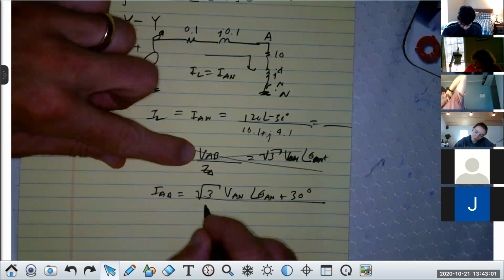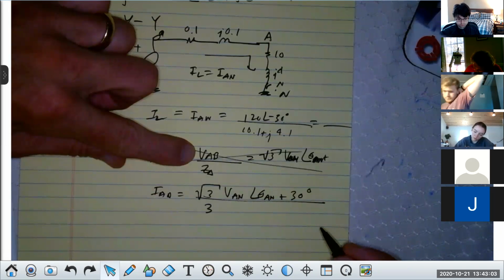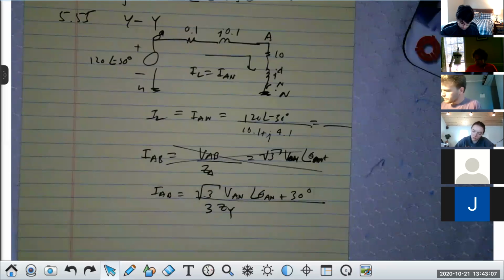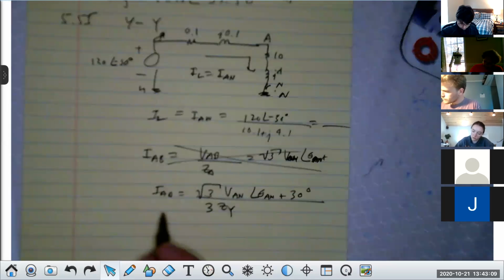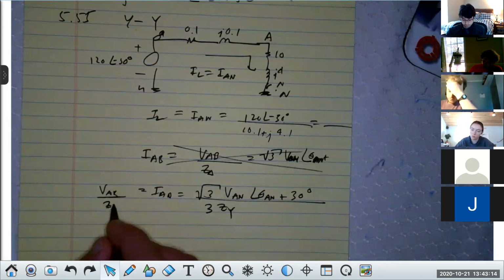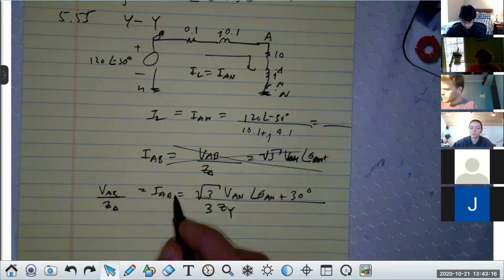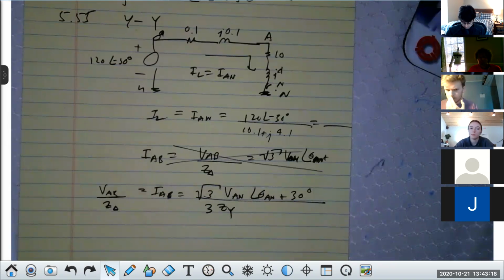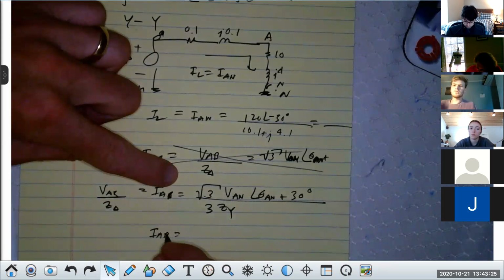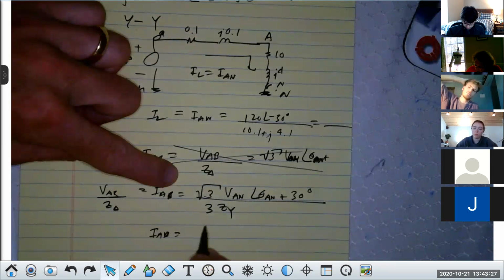Now Z delta is 3 times ZY. Does everybody agree with that? This is really VAB divided by Z delta. That's IAB. Y'all agree with me, class? Now look what happens. I can take the square root of 3 and 3 and make that 1 over the square root of 3.